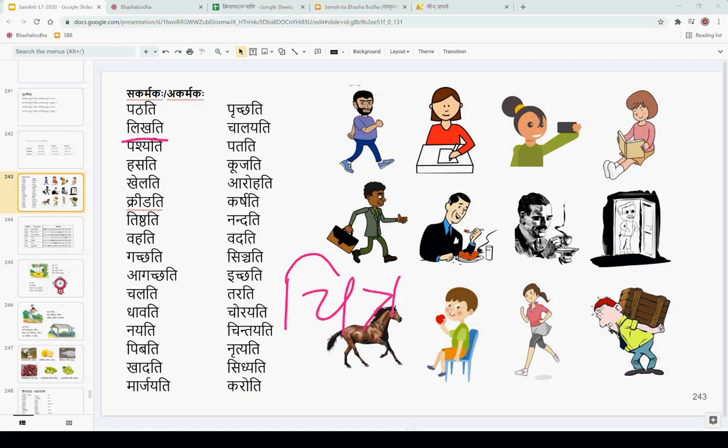Suppose there is a chitra. Chitra is a picture, or a photo. So this one we can put in the Dvitiya Vibhakti form, because karma padams are to be put in the Dvitiya Vibhakti form. So chitra is a Napunsakalinga word, like phala.